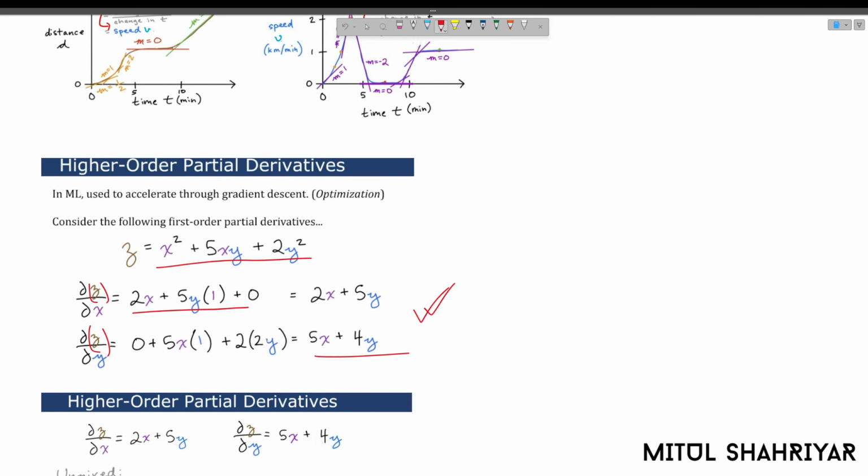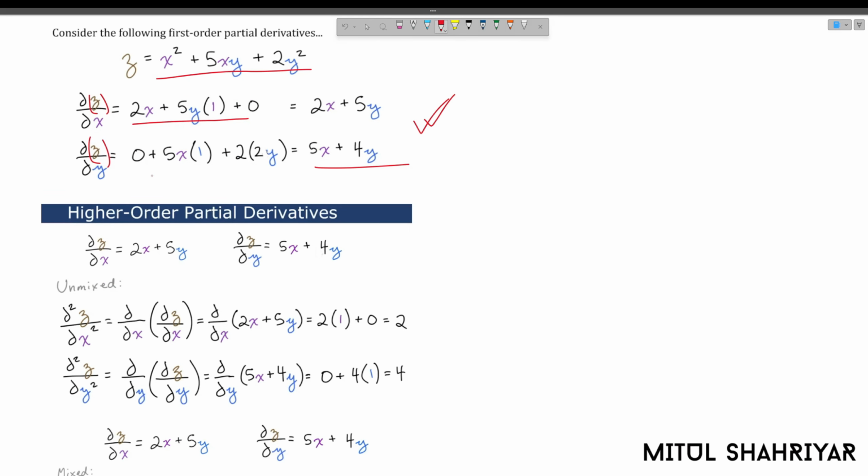Also look into these ones, which is dz/dx is 2x plus 5, dz/dy is 5y. I've got that right from here, no problem. By higher order I mean that if we want the dz/dx of this one, it means again, okay, we got it.